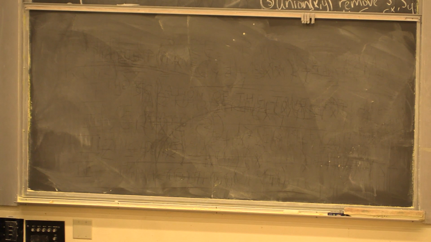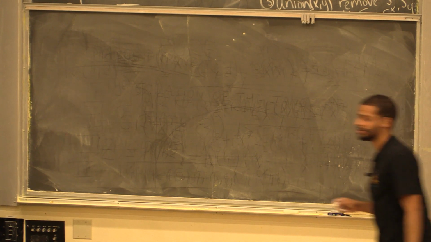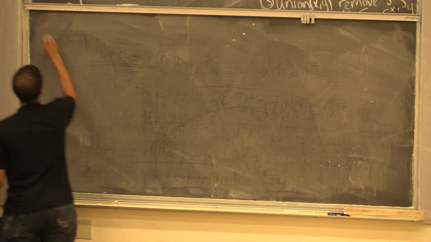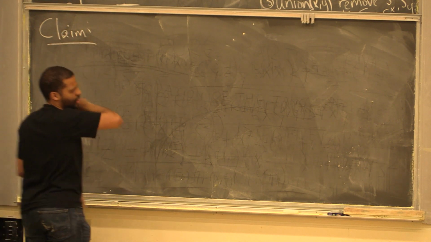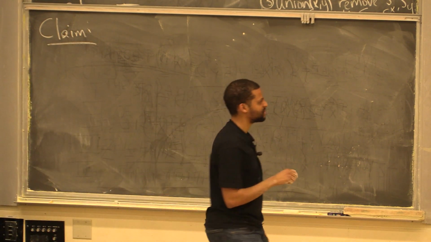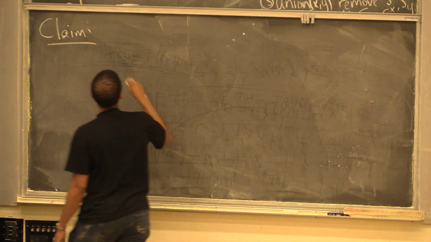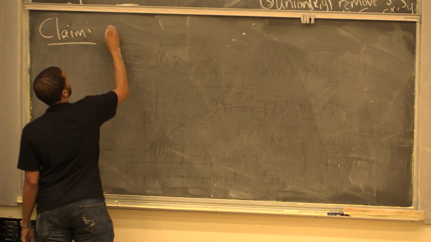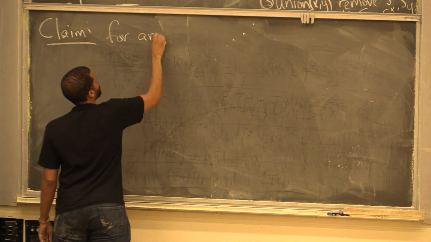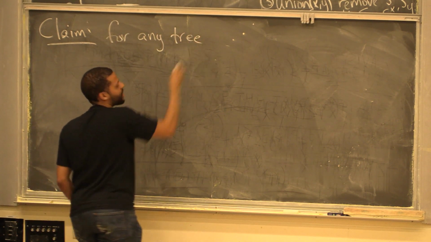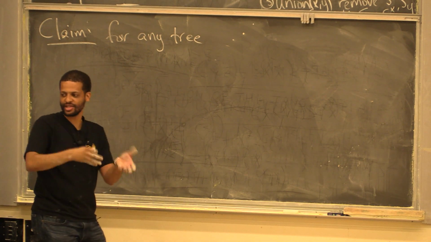Before I prove the theorem, I want to write down a few claims. So claim 1: for any tree, right? We're storing a collection of disjoint trees. Each set is a tree.